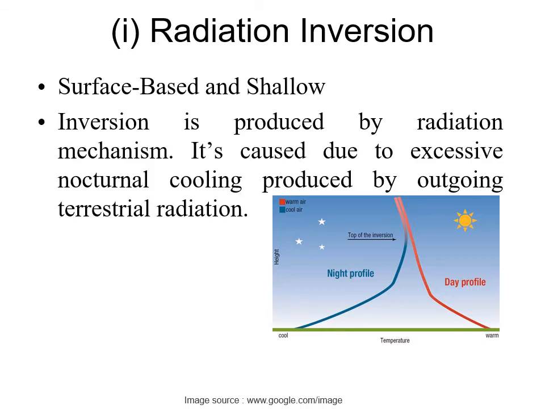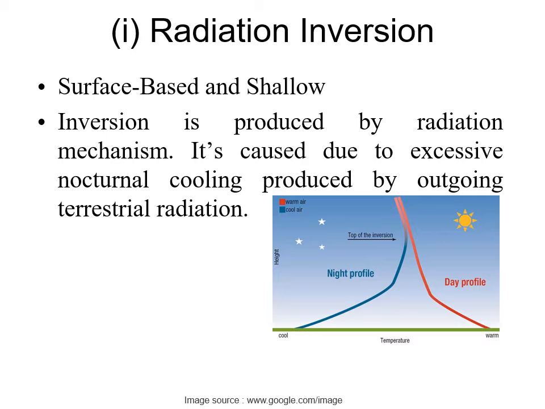That means when the Earth's surface radiates the long wave infrared into the atmosphere as terrestrial radiation, the Earth's surface gradually becomes cool, and so does the atmosphere in contact with the land surface.